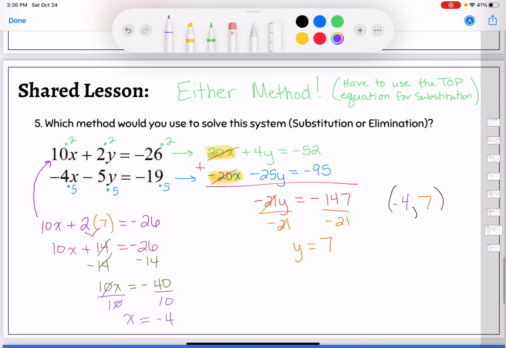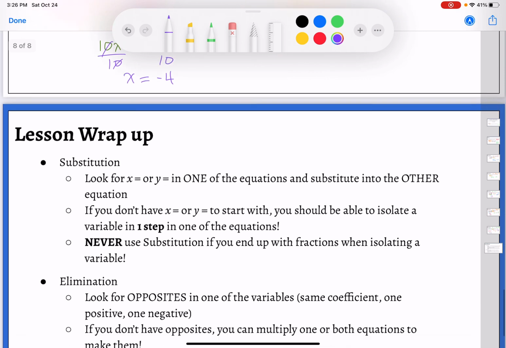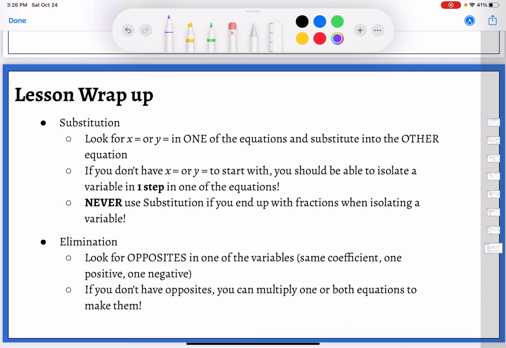So you could have done either method, and even if you chose elimination, you could have eliminated the y's first instead of the x's. No matter what method you chose, you should have gotten the same answer, the point negative 4, 7. All right, so just to wrap it up, if you're going to use substitution, look for an x equals or y equals in one of the equations and substitute it into the other, right?